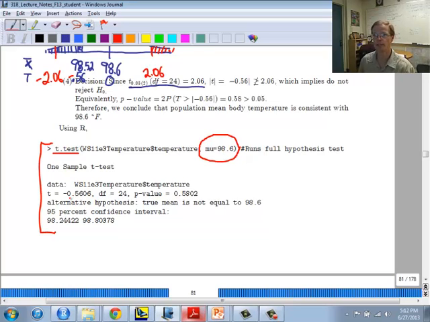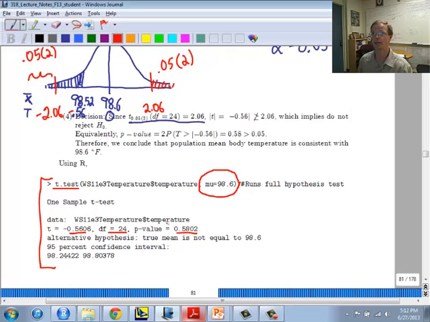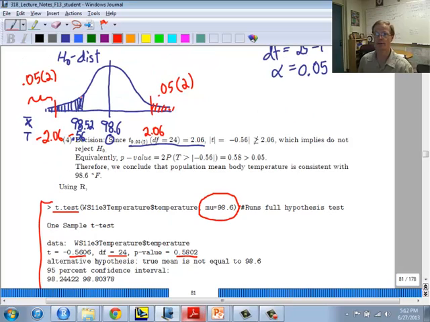So this is the t-stat we got with the degrees of freedom we got. Here's a p-value we didn't have access to, 0.5802. So we can put that in to add some information here. So 0.58 is this left value plus what it would be on the right.